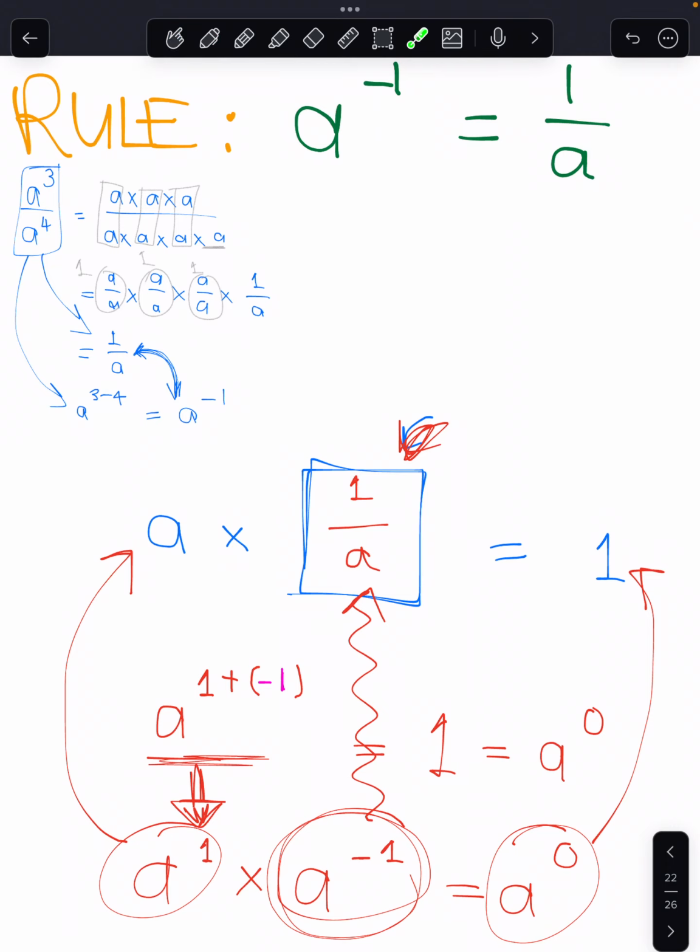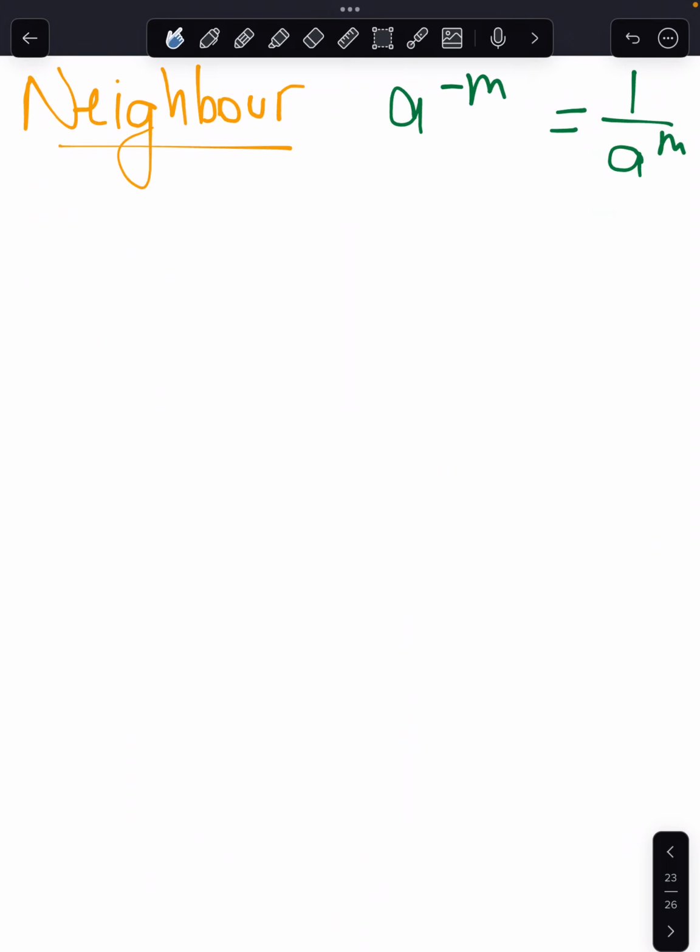And then it's not very hard to see from there that in general a to the negative m is the same as 1 over a to the m. To see this, one of the ways we can look at it is using the idea from our third video, the idea that if you have a to the b raised to the c, it's the same as a to the bc.